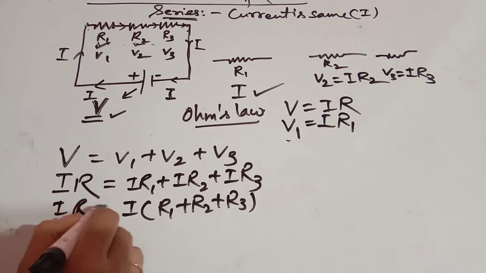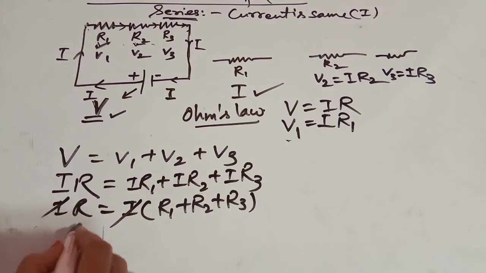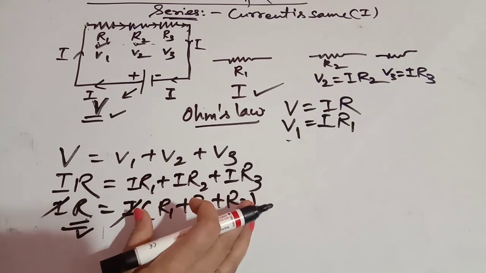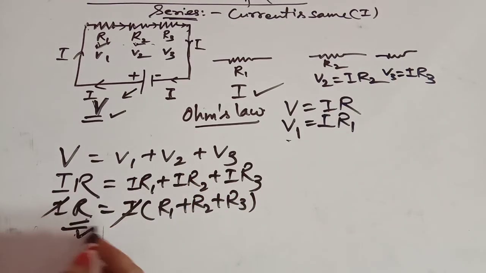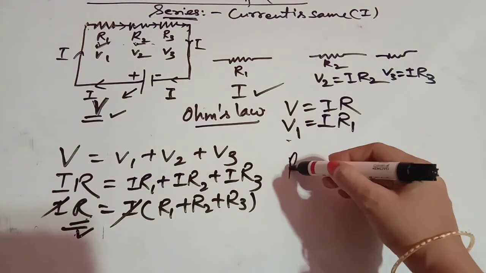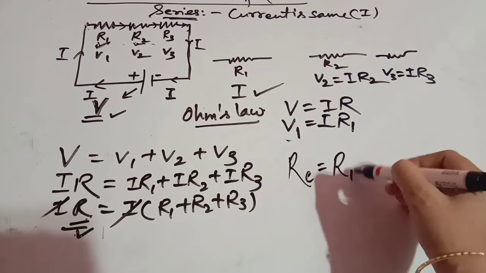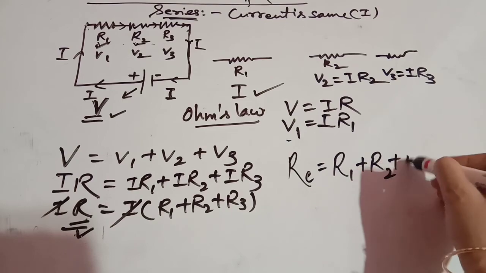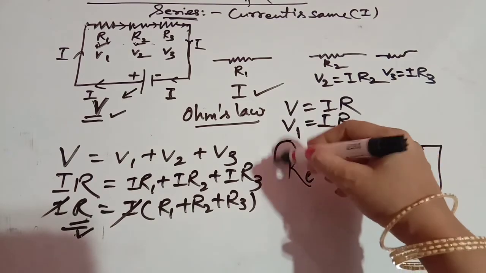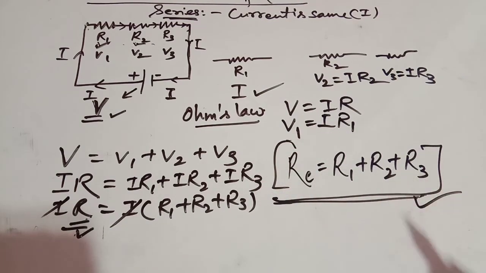What will happen? The I will be cancelled, children. So this R is your combination, or you can say the equivalent resistance of the series combination. So this R we can write as RE is equal to R1 plus R2 plus R3. So what does it mean? This is the series combination.